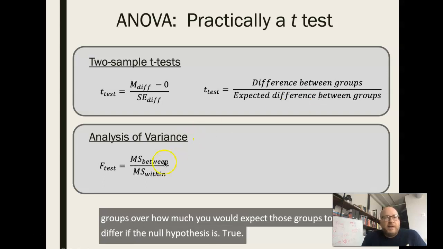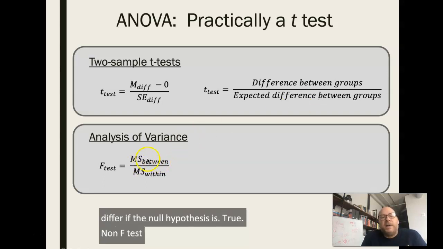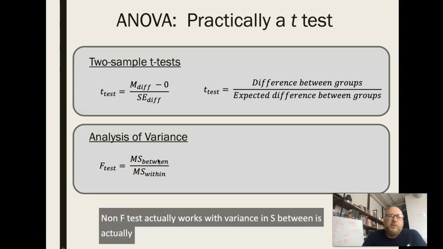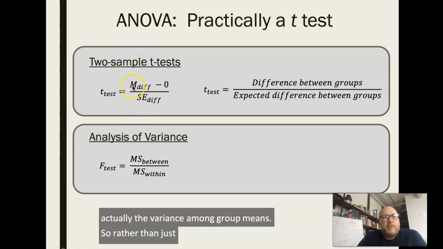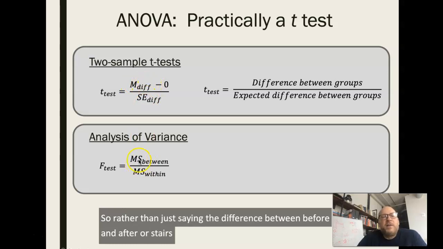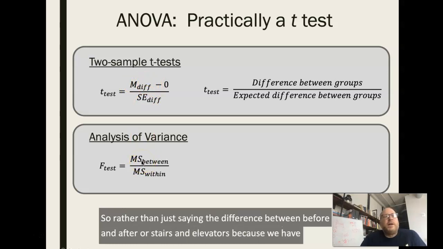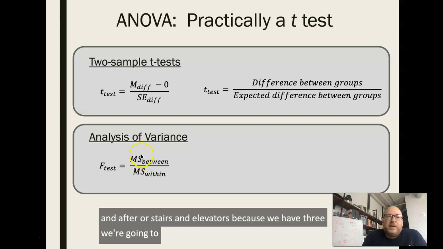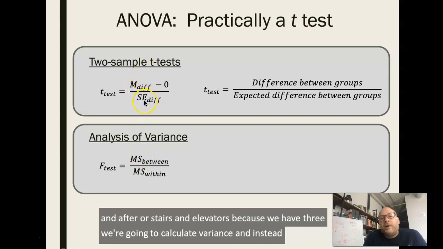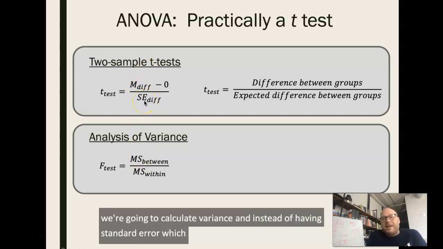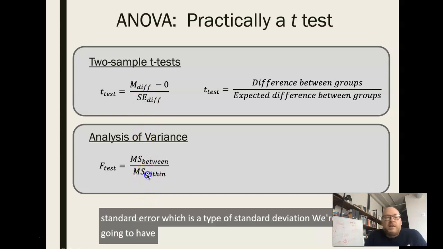Now, an f-test actually works with variance. MS between is the variance among group means. So rather than just saying the difference between, like, before and after or stairs and elevators, because we have 3, we're going to calculate variance. And instead of having standard error, which is a type of standard deviation, we're going to have variance.